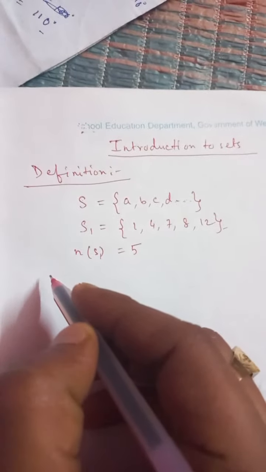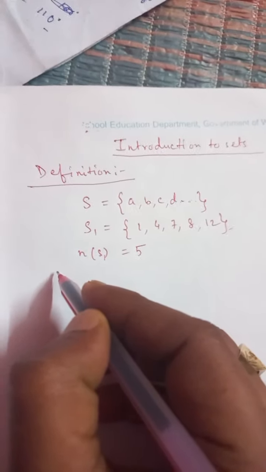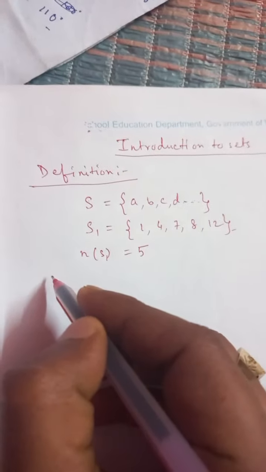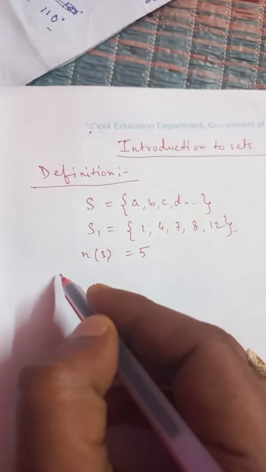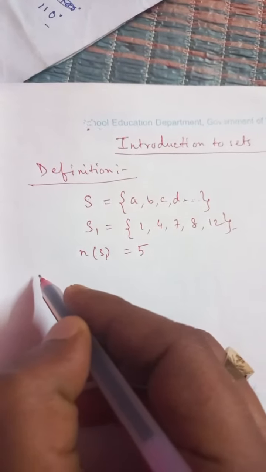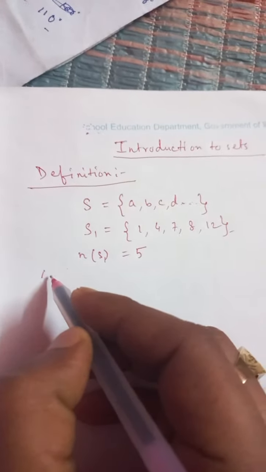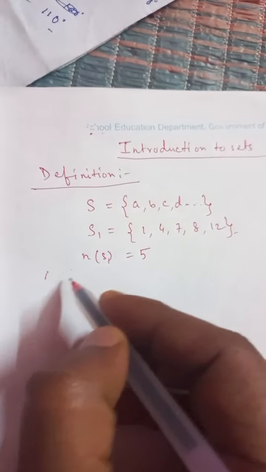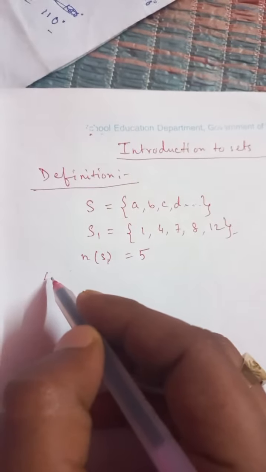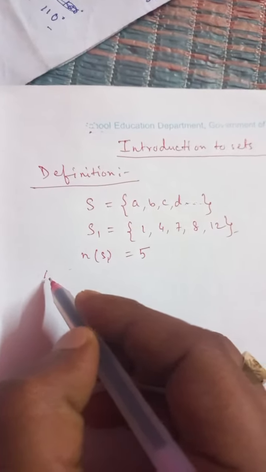Now I'm going to some operations on sets like addition and subtraction, how we can do this on sets. Here addition is called union and subtraction is called intersection. So I am now going to discuss the union of two sets.